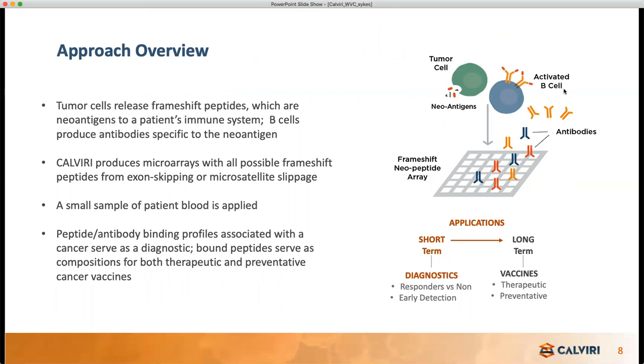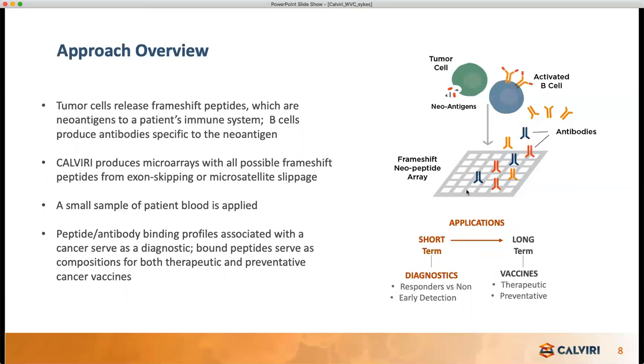The activated B cell generates a lot of those antibodies that recognize those frameshift peptides. We screen all of the serum and the plasma and the blood antibodies on these arrays in which we have synthesized hundreds of thousands of possible frameshifted neoantigens.